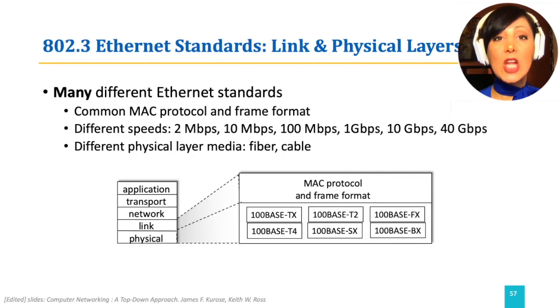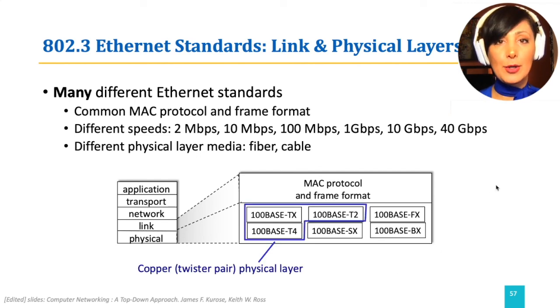Ethernet is not a single protocol standard. There are many different Ethernet standards that are a combination of link and physical layer standards. In these protocols, the MAC protocol and frame format are supported over different speeds and different physical layer media formats. For example, 100BASE-T4 for copper and 100BASE-FX for fiber.